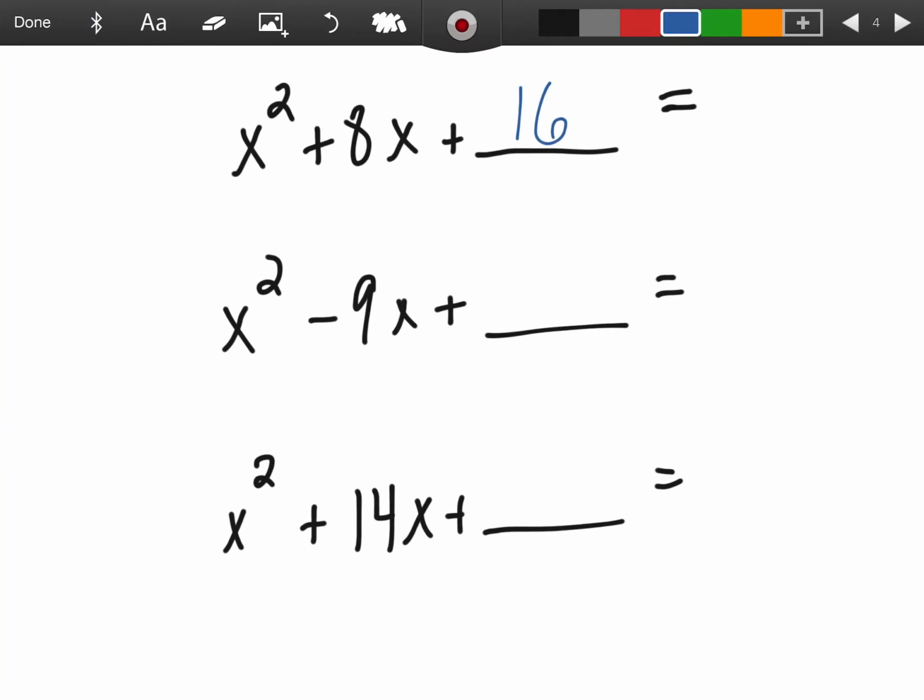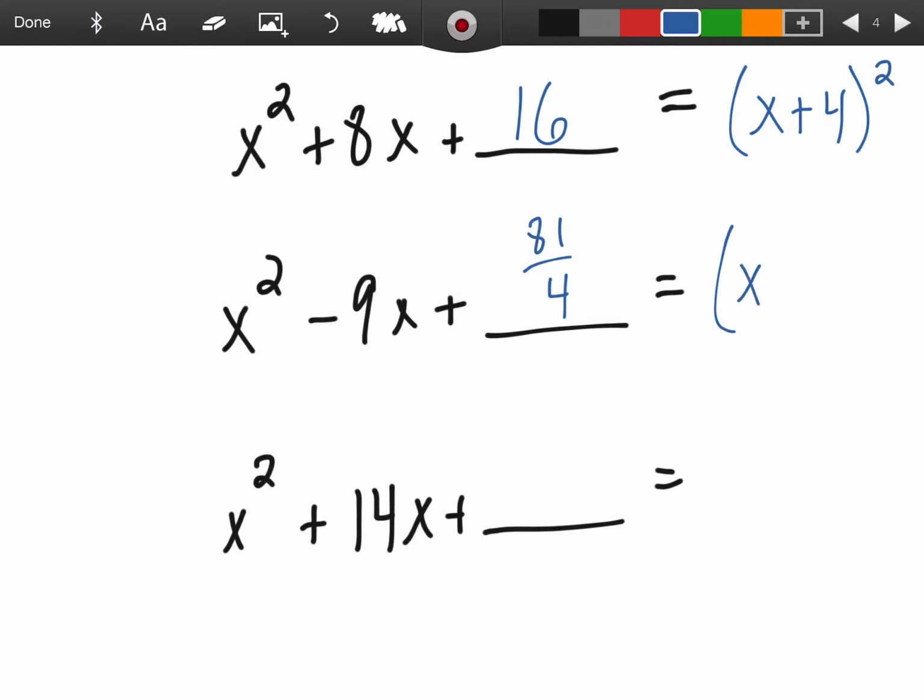And then that's just equal to x plus this b value divided by 2, so x plus 4 squared. Here, I'll divide 9 by 2, so I get 9 halves. 9 halves squared is going to be 81 over 4. Right, 9 squared over 2 squared.